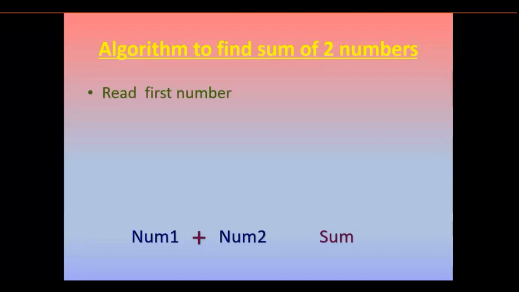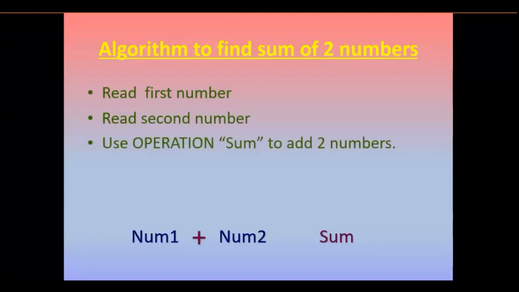Second step, read second number. Next step, use operation sum to add the two numbers. And then the last step is show sum. You display the sum. So these steps are the algorithm for finding the sum of two numbers. Okay, children, this way you can write algorithms for various processes, various programs.